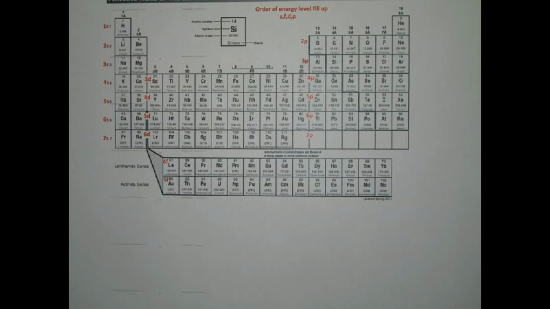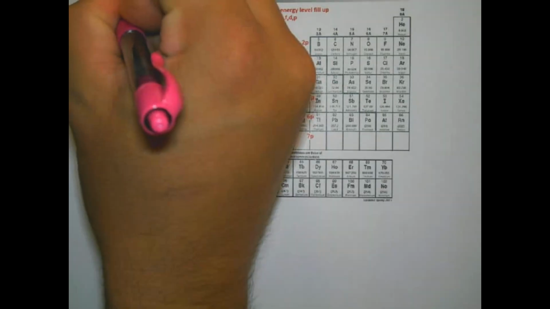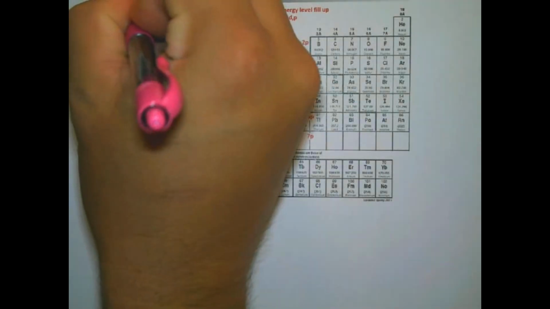Well, we call them families because they have pretty much the same valence electrons. Therefore, they have similar properties and they react similarly. Okay? Let's take a look real quick. So if we take a look, all of group 1 has 1 valence electron. Okay?